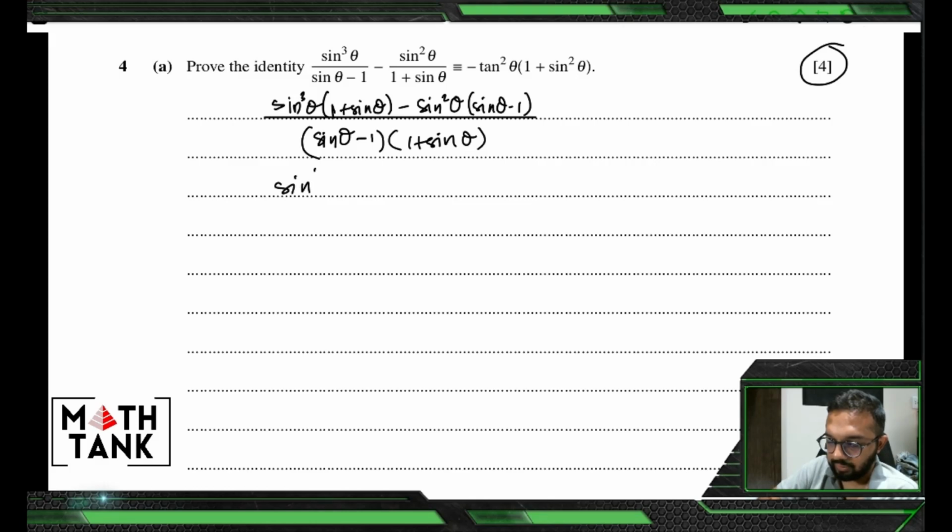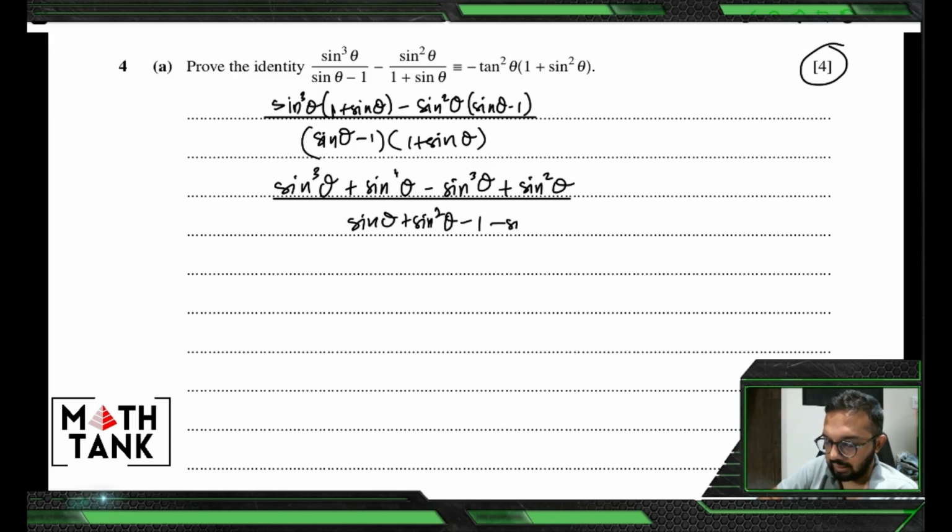So this becomes sine cube theta plus sine power 4 theta minus sine cube theta plus sine square theta. In the denominator, I have sine theta plus sine square theta minus 1 minus sine theta.